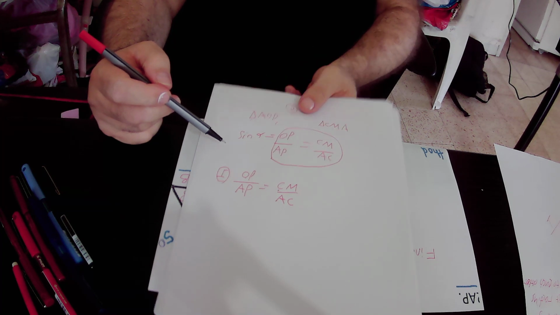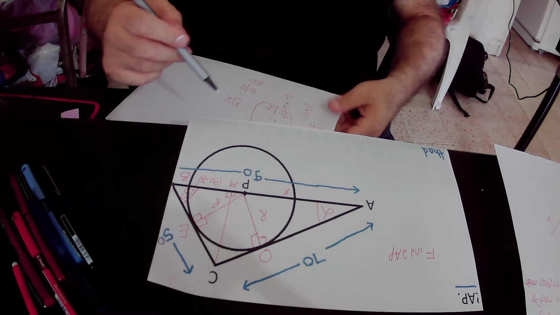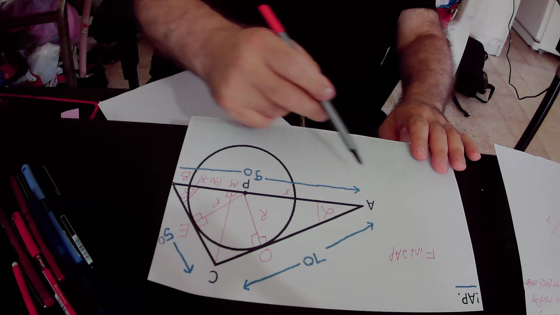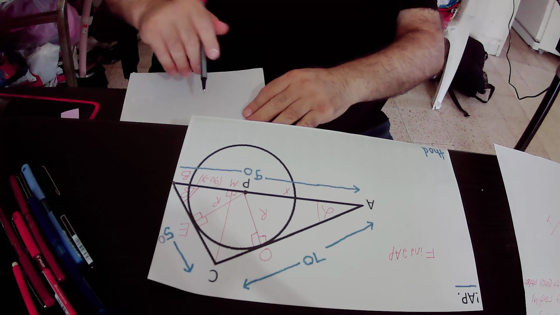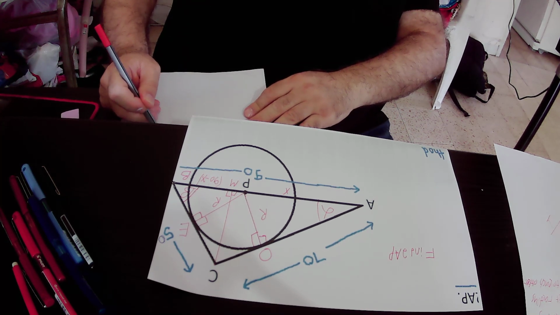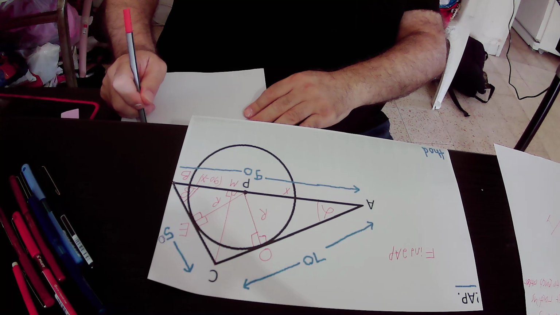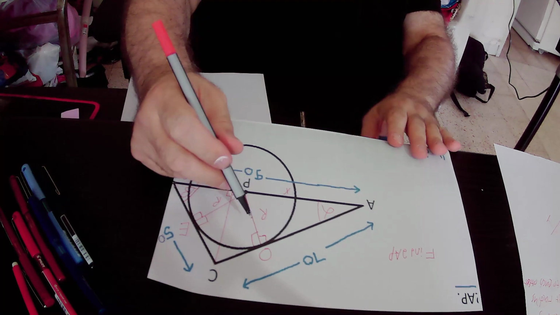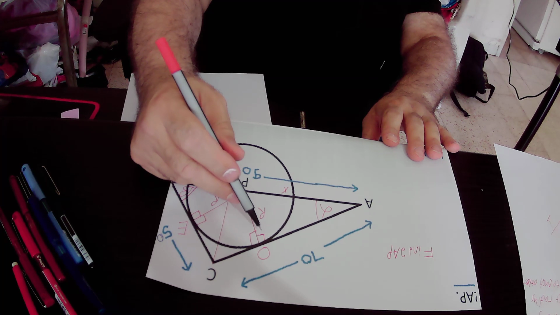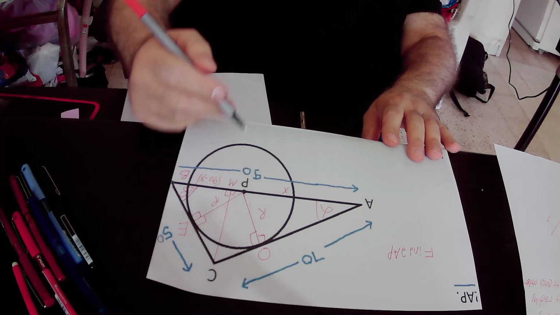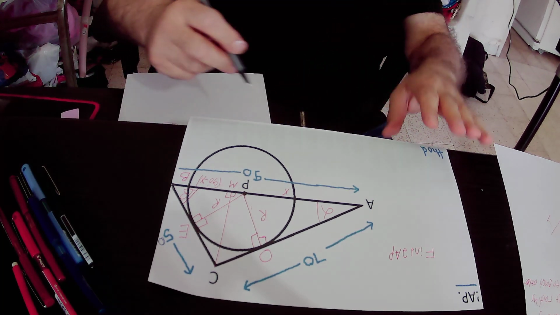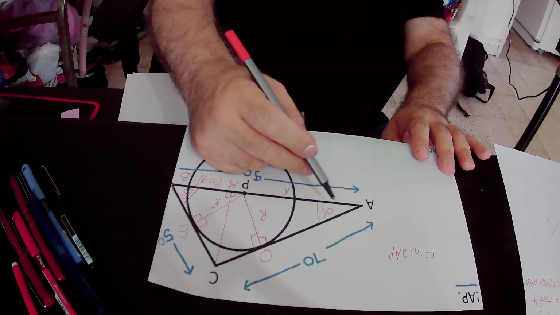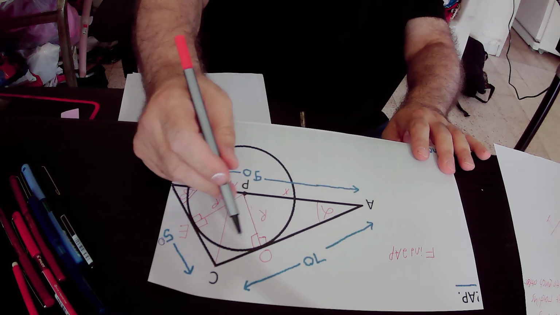But as you can see from the picture, AP is equal to X according to our definition. And OP is actually the radius of the circle, so OP equals R. And side AC of the triangle ABC is given to us.